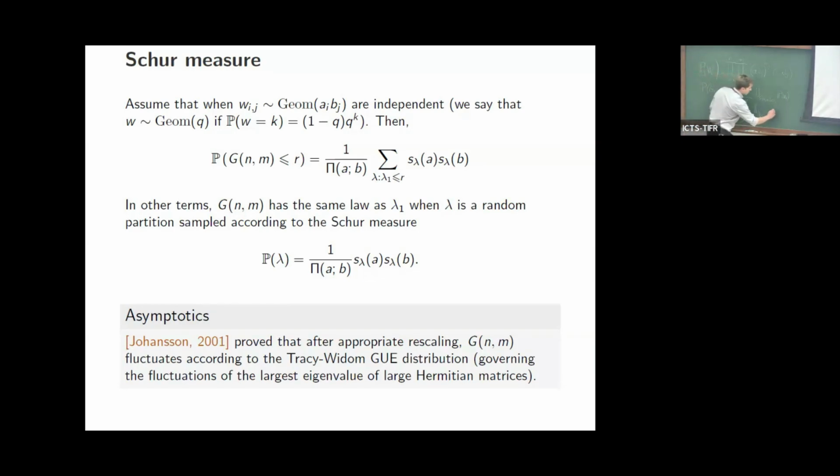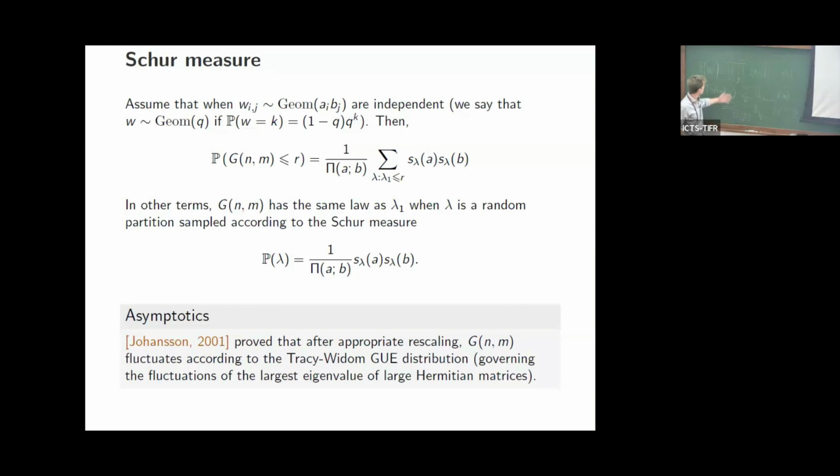And I have a product of the a_i to the size of lambda^i minus size of lambda^(i-1), and same for j. Well, you cannot see what is here, but we have the monomials here that were appearing in the left-hand side of the Cauchy identity. And now in this summation here, I care only about lambda 1. I can sum over all of the intermediate lambda i's and mu i's.